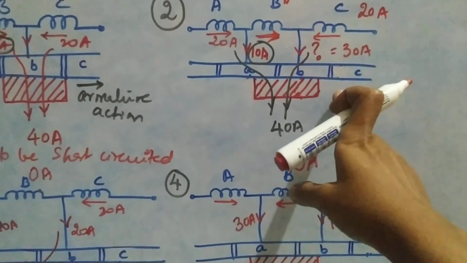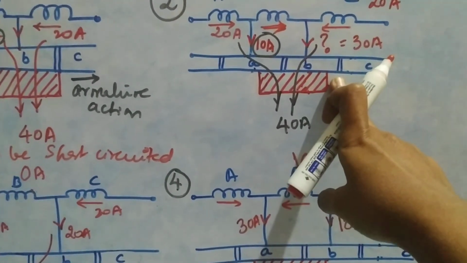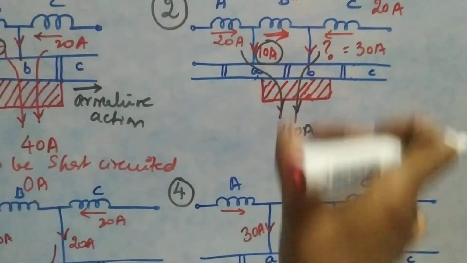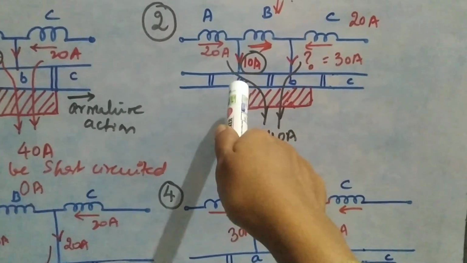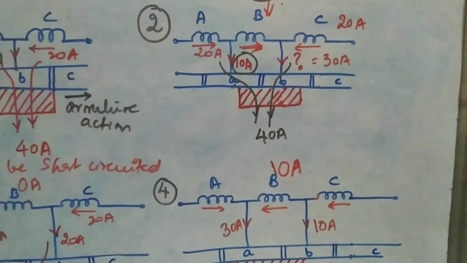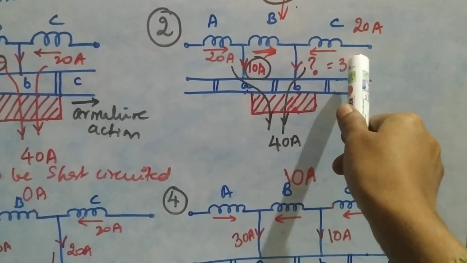Whereas in your second figure you found that some part of the contact is getting reduced; it was 75% under the segment of B. So there will be more current under this segment compared to the contact under the A segment. That is why we had taken this to be 30 amps.